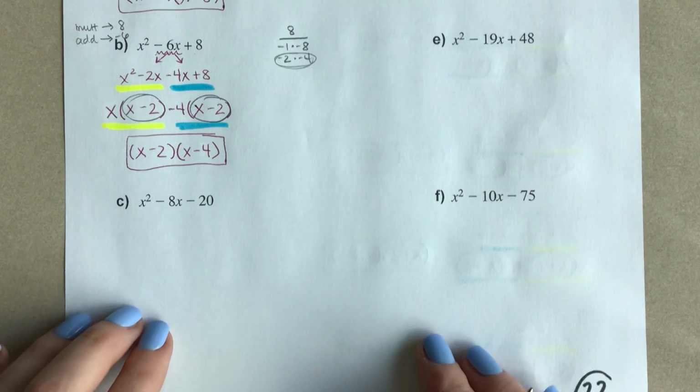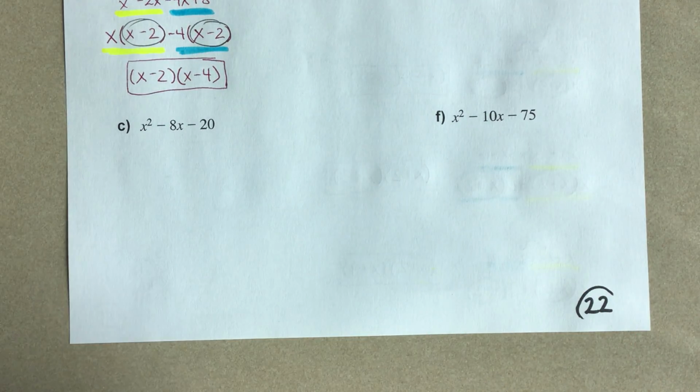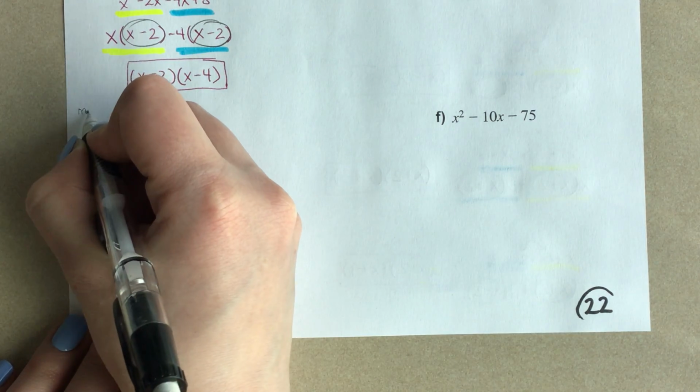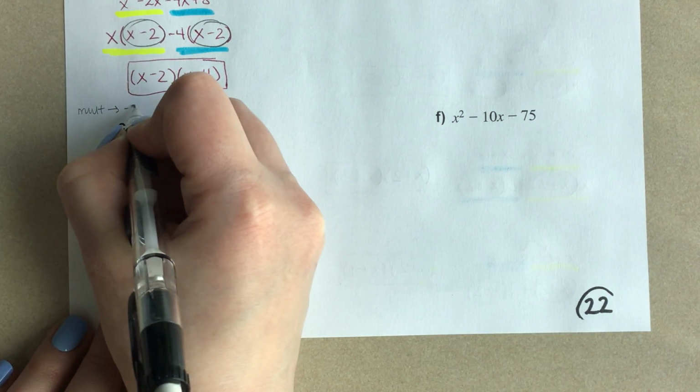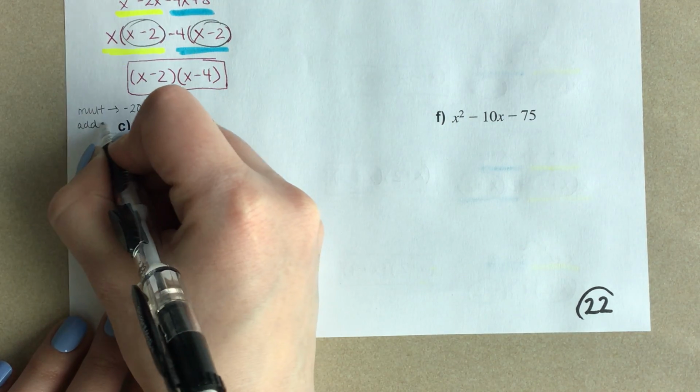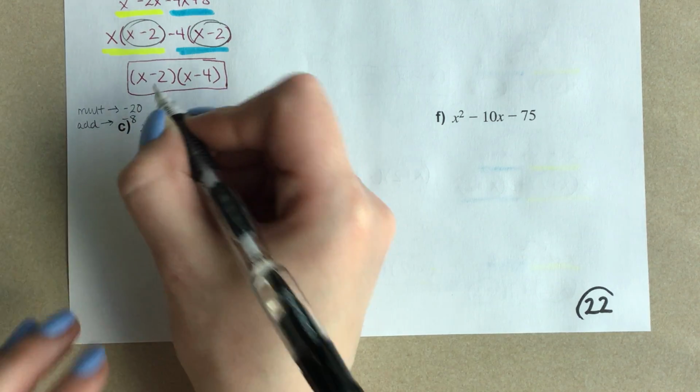We're just going to do one more and then the rest we'll do in class tomorrow. So for example C, I have x squared minus 8x minus 20. This one's a little bit different. Now I need numbers that multiply to negative 20, but they add to negative 8.